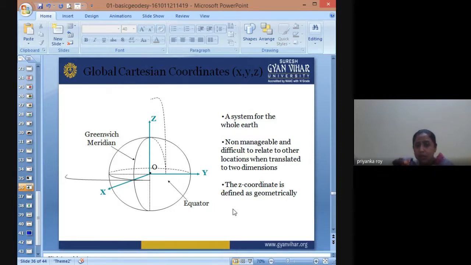Global Cartesian coordinates are based on the x, y and z axes. It is a system for the whole earth that is difficult to manage and to relate to other locations when translated into two dimensions. So the coordinate is defined as a geometrical representation. The y-axis shows the latitude, the z-axis shows the longitude, and the x-axis shows the directions, the intersection of these latitudes and longitudes.